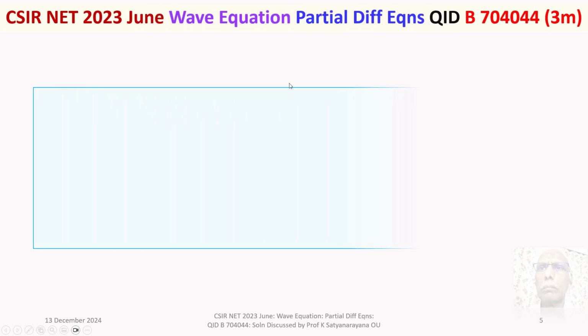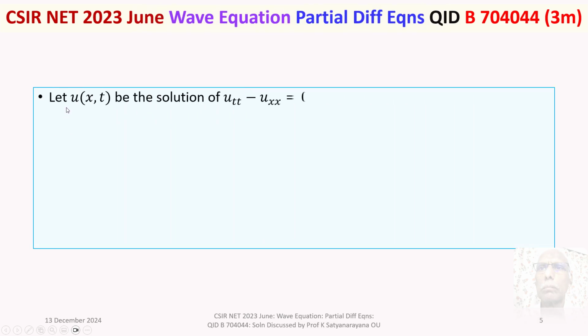The given question is: let u of x comma t be the solution of u_tt minus u_xx is equal to 0, that is, del square u by del t square minus del square u by del x square is equal to 0, where 0 less than x less than 2, t greater than 0.